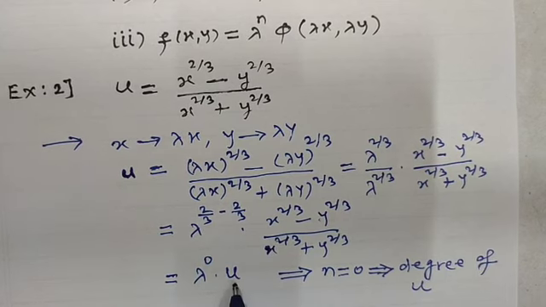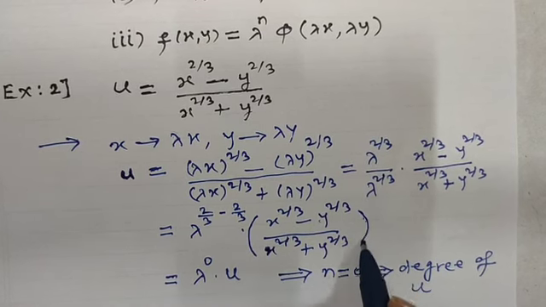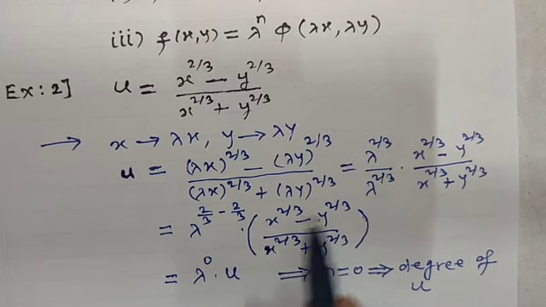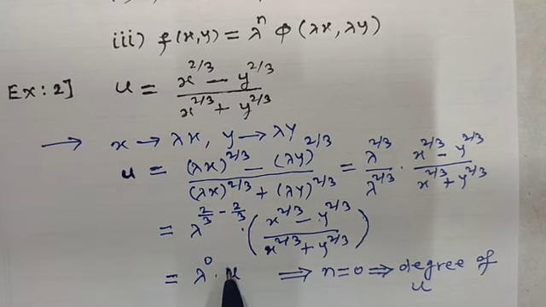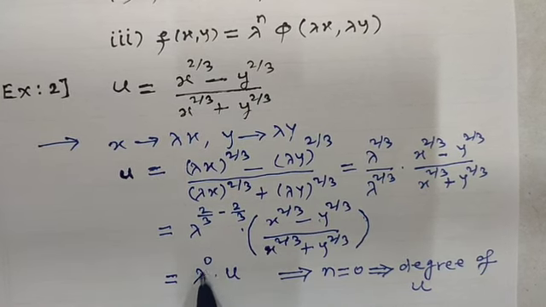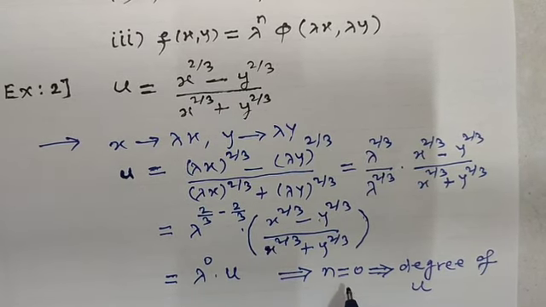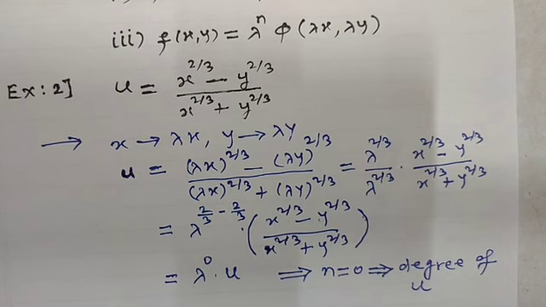This u is as it is. Because of x to the power 2 by 3, this function is nothing but u. Okay, there is no change in this function, which is as it is given basic function. Okay, and power of lambda is 0. This implies degree of u is 0 and u is homogeneous function.